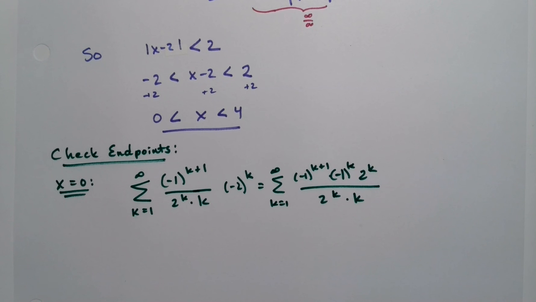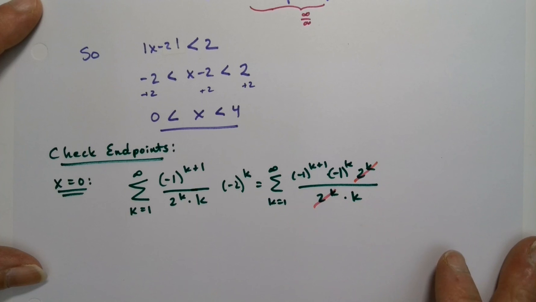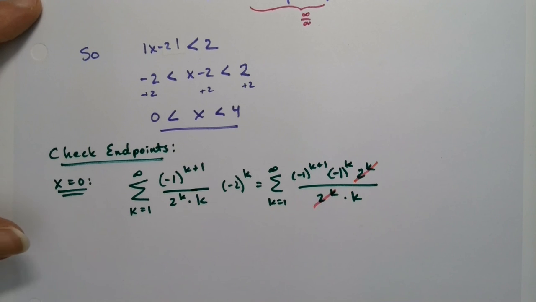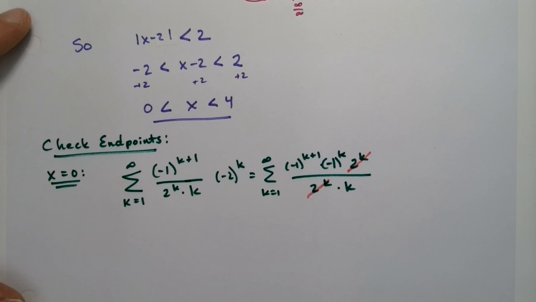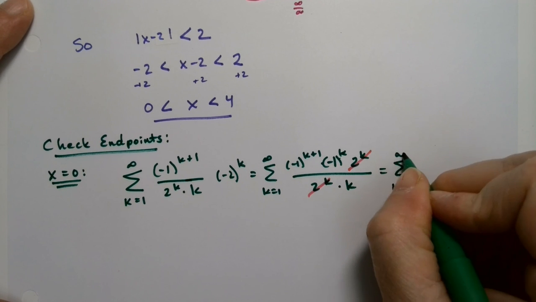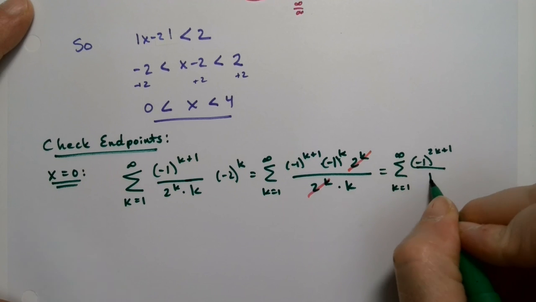Well, the 2 to the k's are gone. And it leaves you negative 1 to the something or other, right? We just need to figure out if it's alternating or not. And the answer is it's not. So k plus k is 2k. So this is k equals 1 to infinity, negative 1 to the 2k plus 1 over k.